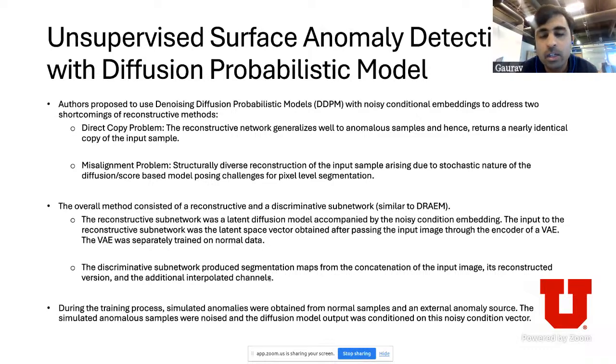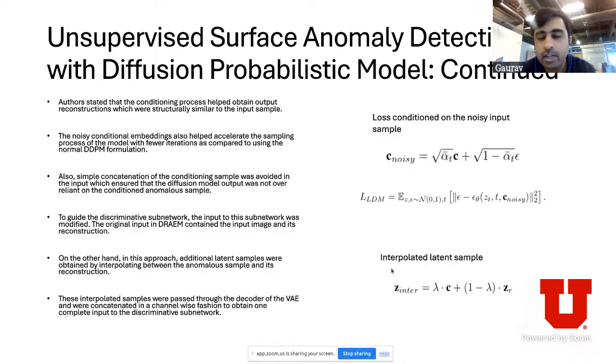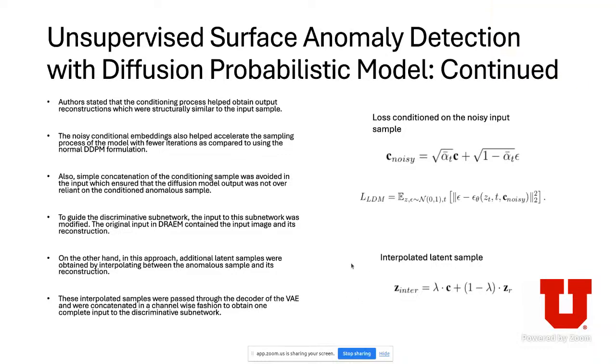So that's where the discriminative network is taking its input. I have it in the next slide: the interpolated latent sample is basically the anomalous image and the reconstructed version, in the latent space, and these are the interpolated channels being produced, which are then passed through the decoder of the variational autoencoder to produce images which are concatenated. And is it a noisy image, right?